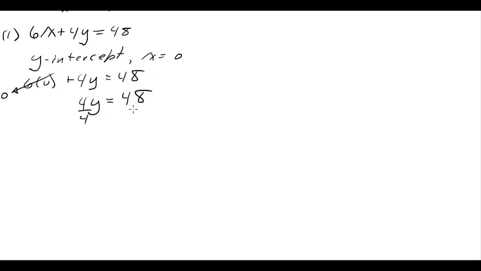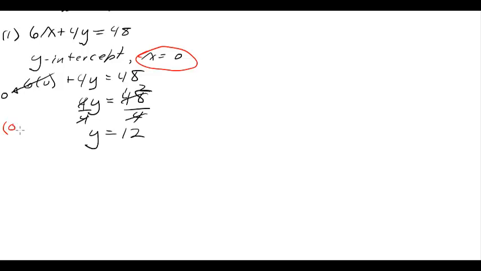Divide both sides by 4. That becomes 1. 1 times y is y. Divide 48 by 4, and we get 12. So now we have y equals 12. And we've now defined 1 point for our equation.